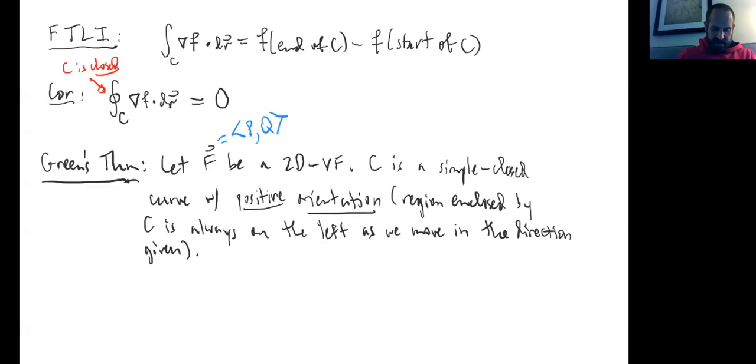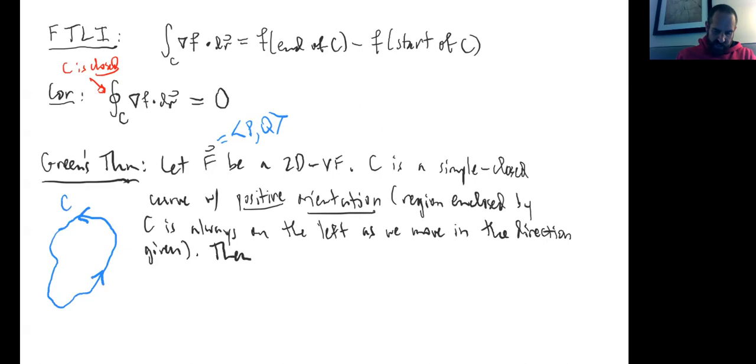Then here's kind of the kicker. Let me actually draw a picture of a simple closed curve over here with positive orientation. Positive orientation means the region enclosed by this thing.